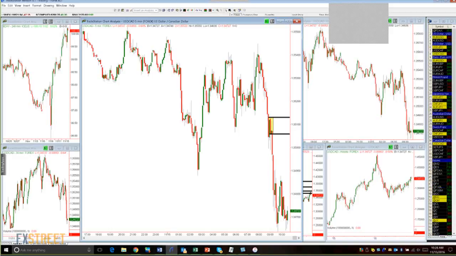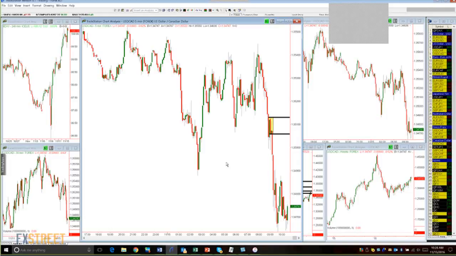A good question here: why futures and not spot? I'm just talking for active trading. There's a few reasons, and I'm sure most of you have heard this before, but the futures are much more regulated. You're trading through a central exchange. Your broker's not making a market for you. You're not dealing with spreads created by banks and brokers.